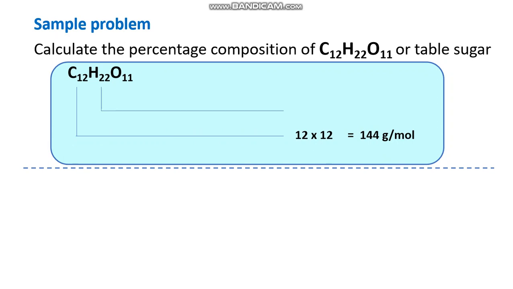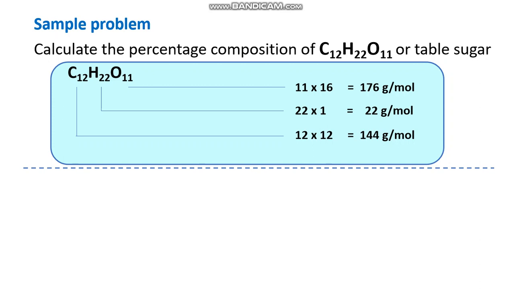For hydrogen, 22 multiplied by 1 gives you 22 grams per mole, and oxygen with an atomic mass of 16 is multiplied with 11 atoms. So you are now finished with step 1.